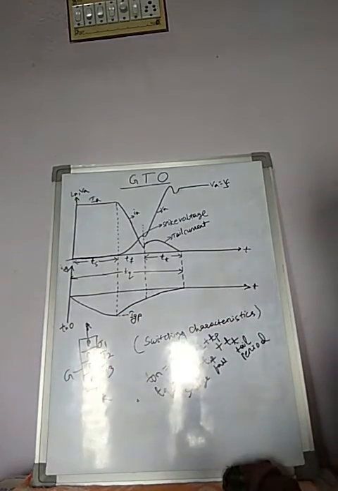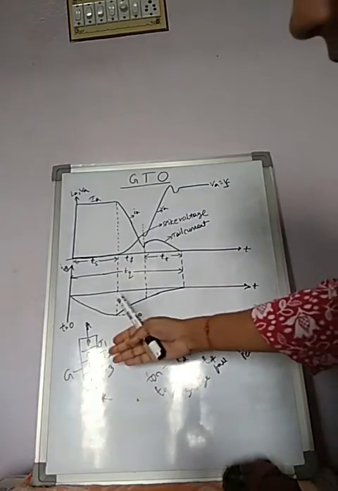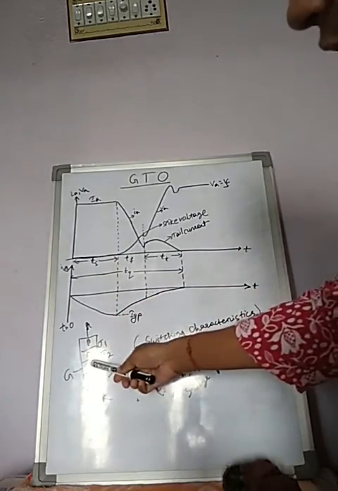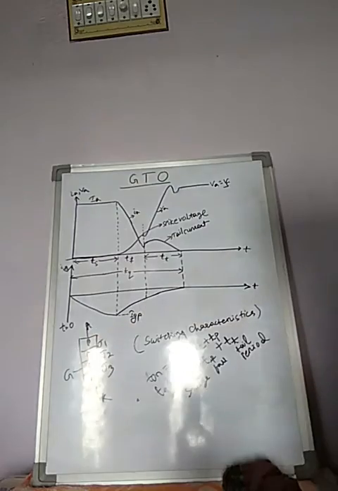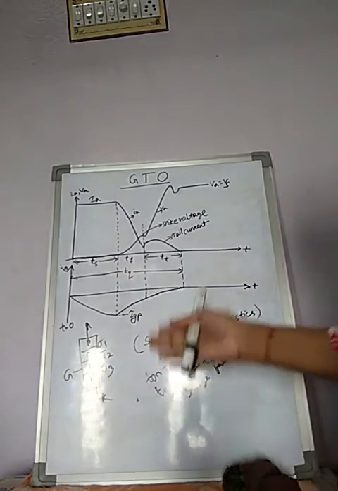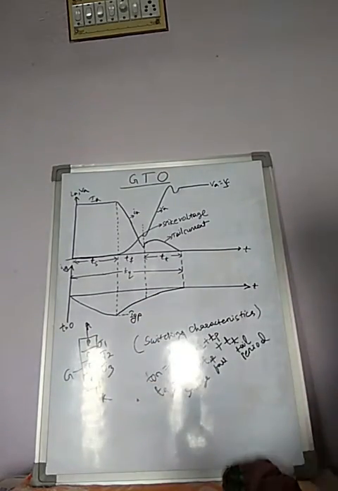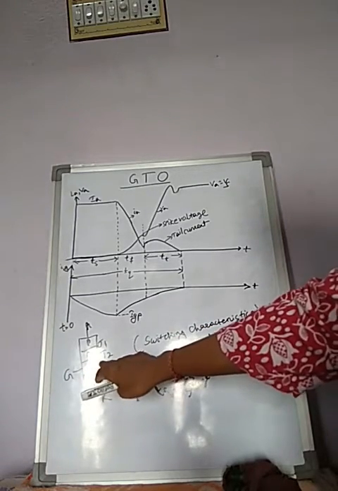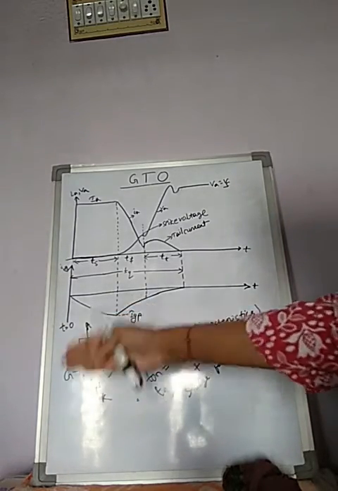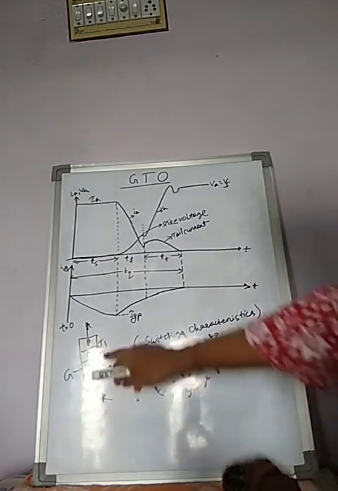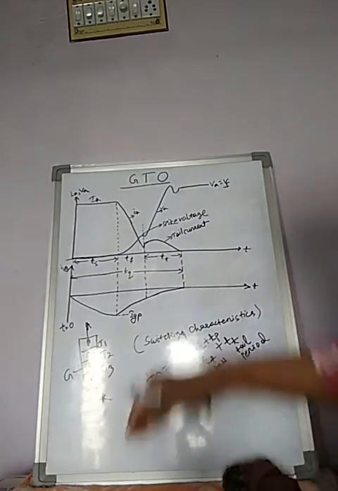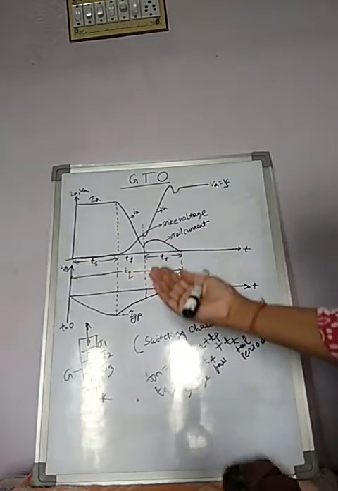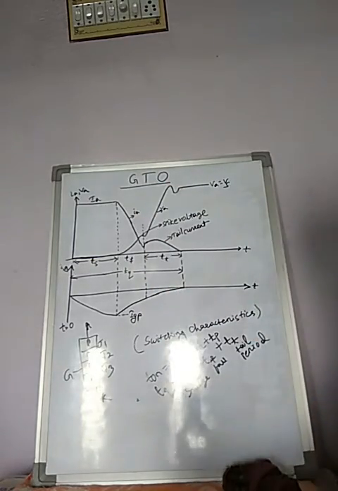When we turn on this device, this J2 junction reaches its saturation level. So when we apply negative gate current, the extra charges, which are holes, are removed by negative gate current and this center junction comes out of saturation. That means it will come below saturation level.